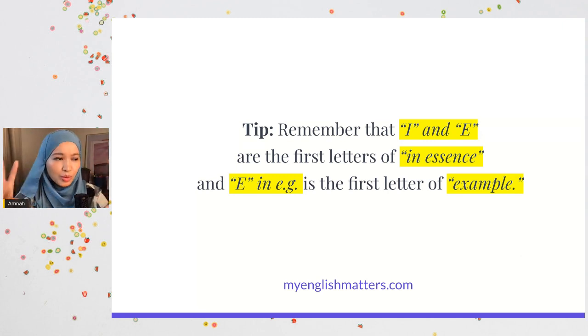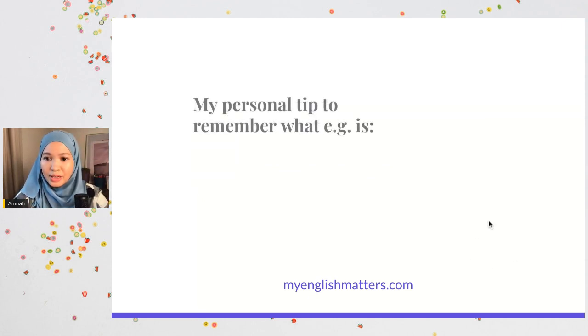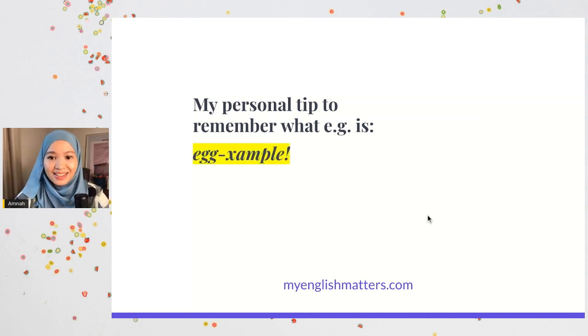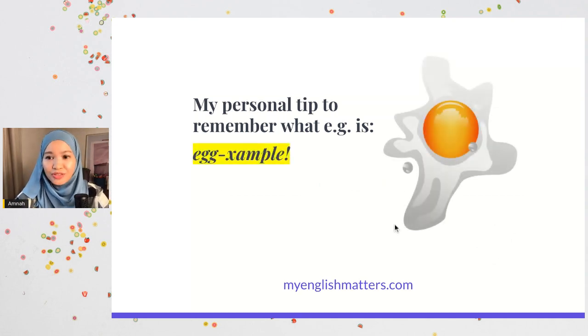They have different meanings. So my personal tip to remember what EG is: example. I put a picture of an egg there. EG sounds like egg, right? And example. So maybe you can use this to remember the next time what is EG. I hope so. And then you'll remember this picture of an egg there.